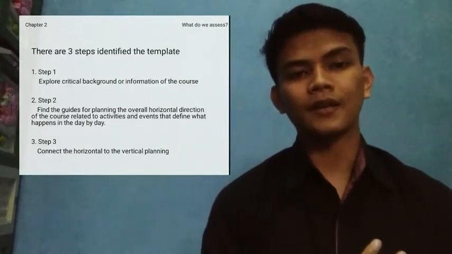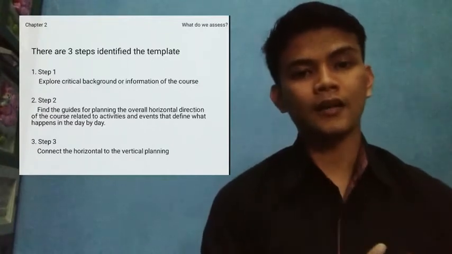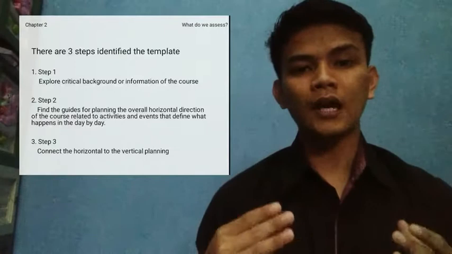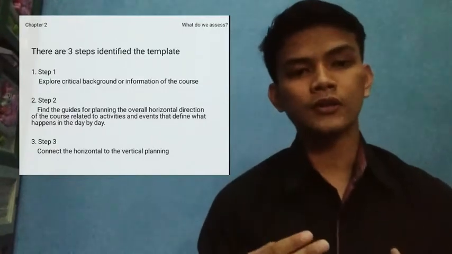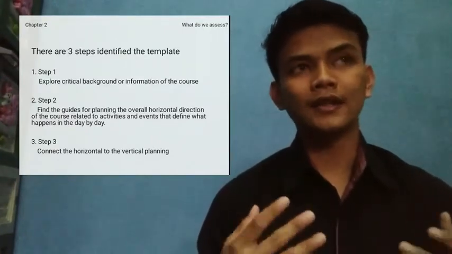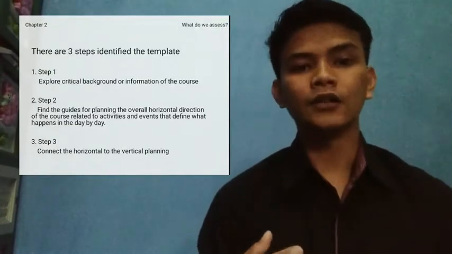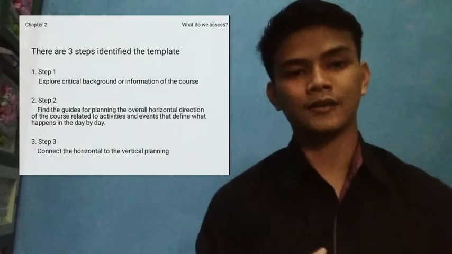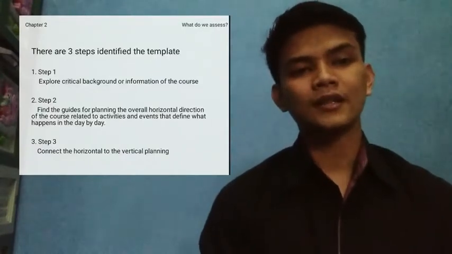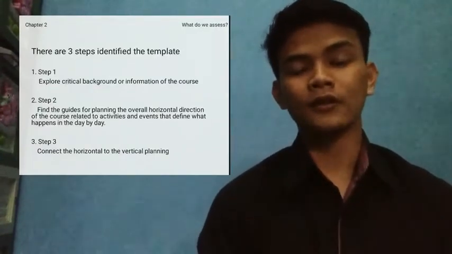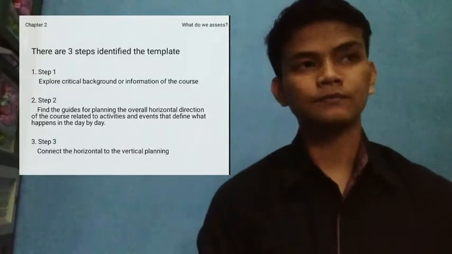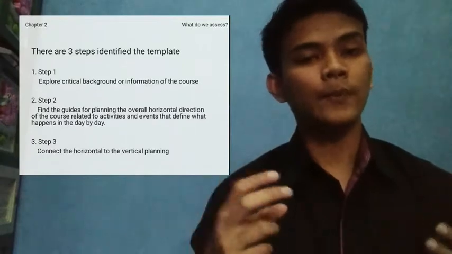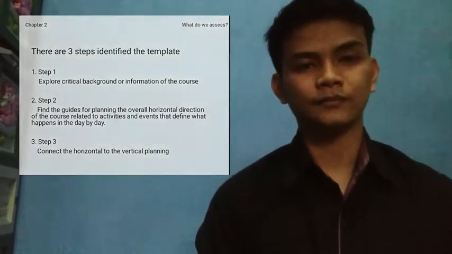The second step is to find the guides for planning the overall horizontal direction of the course, related to activities and events that define what happens day by day in the class. And the third step is to connect the horizontal and the vertical planning.